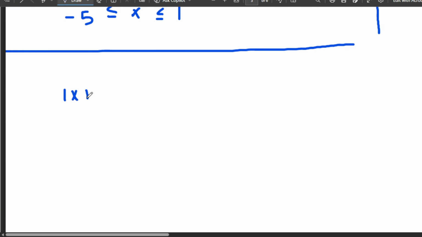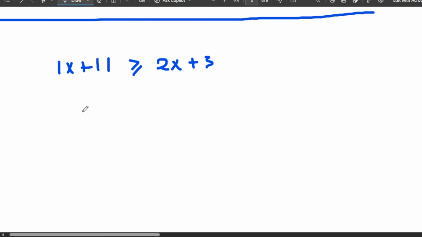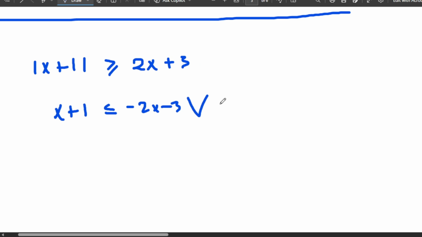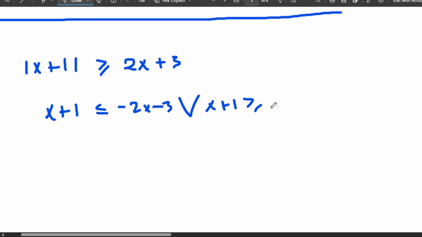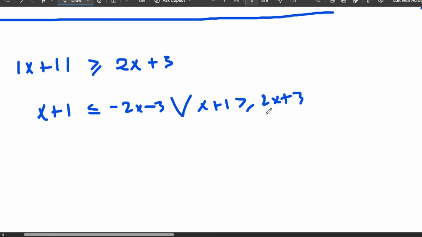Absolute value of x plus 1 is greater or equal to, say, 2x plus 3. Well, in this case, we have x plus 1 is less than or equal to negative 2x minus 3, or we have x plus 1 must be greater or equal to 2x plus 3.